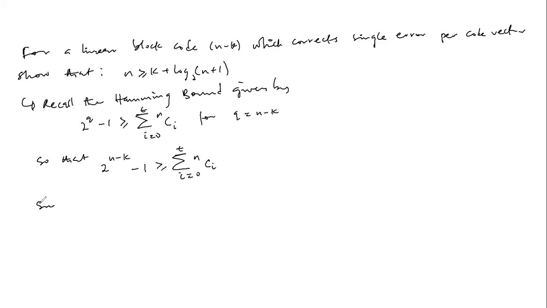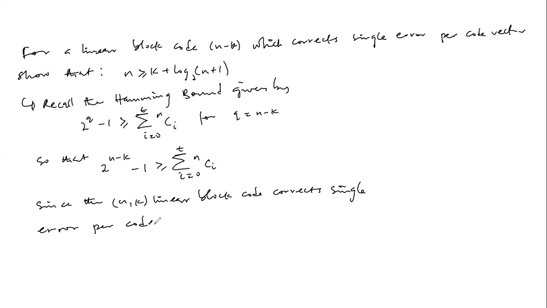Now, since the (n, k) linear block code corrects single error per code vector, we have t equal to 1. Therefore, 2 to the power of q, or better still, let's just go by the (n, k).